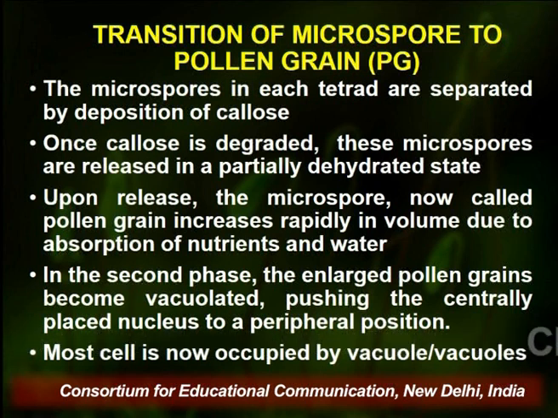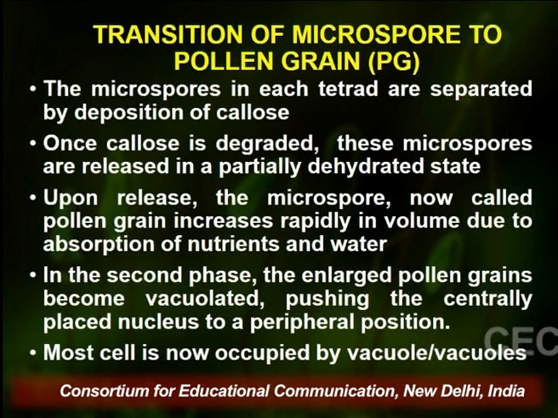So now in the second phase, this pollen grain, which has enlarged because of the absorption of nutrients and water, is going to become vacuolated, and the nucleus, which is initially present in the center, because of the presence of a large vacuole, moves to one side in a peripheral position. Most of the pollen grain is now occupied by the vacuole or vacuoles.